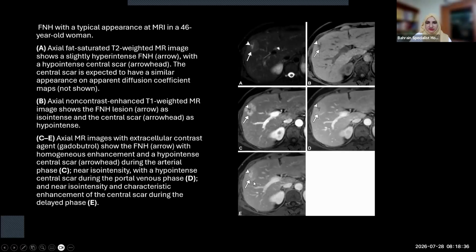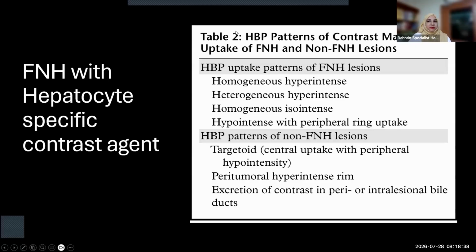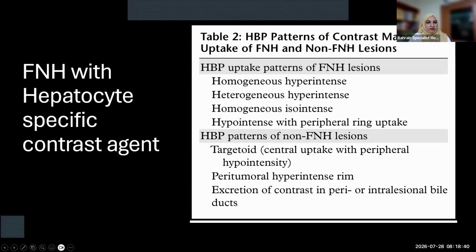The hepatobiliary phase imaging of the liver, which is done by hepatocyte-specific contrast agent, has a characteristic appearance for FNH, and it is usually done where the clinical question is between FNH and any other benign or malignant lesion. So the FNH has a typical pattern.